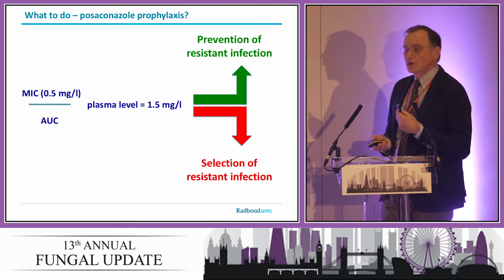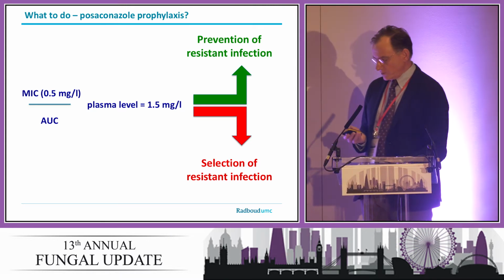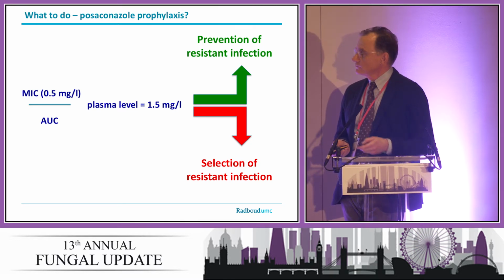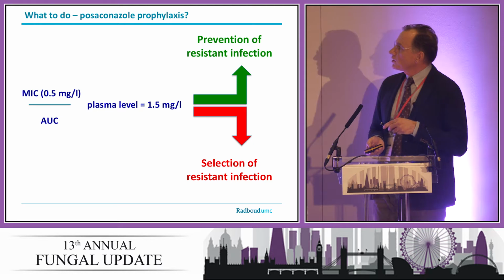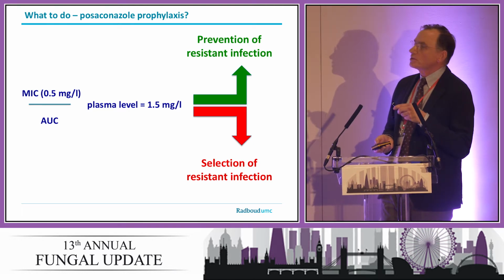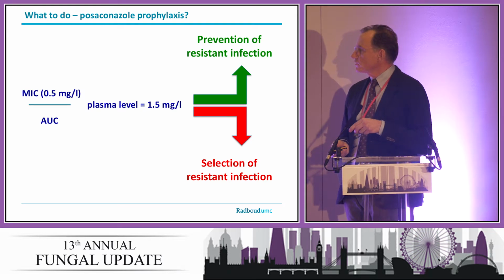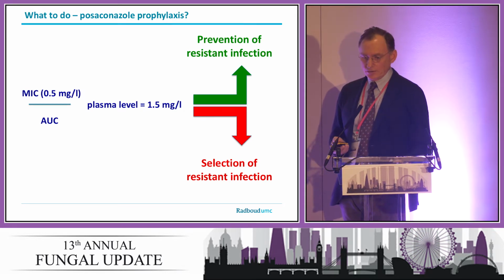So that's about twice as high as what is recommended now, which is 0.7. So if you are above this level, we think you might be able to prevent resistant infection, but if you are below, probably you select out the resistant isolates.